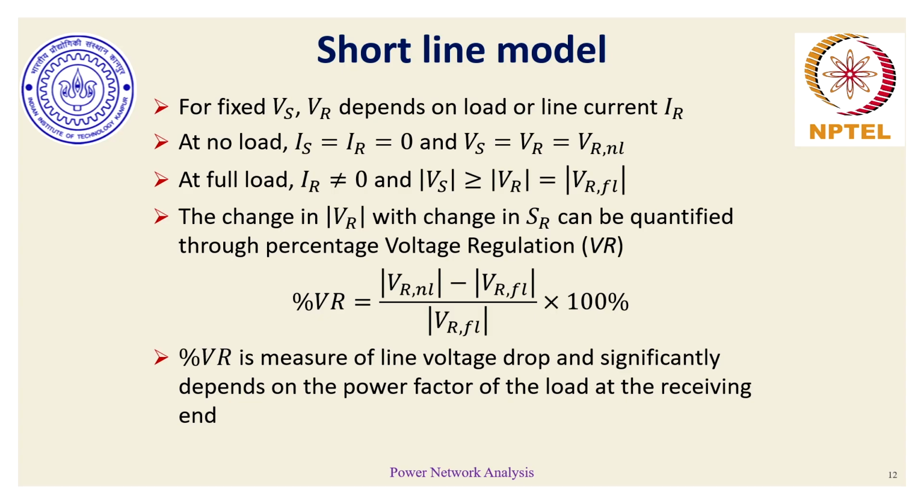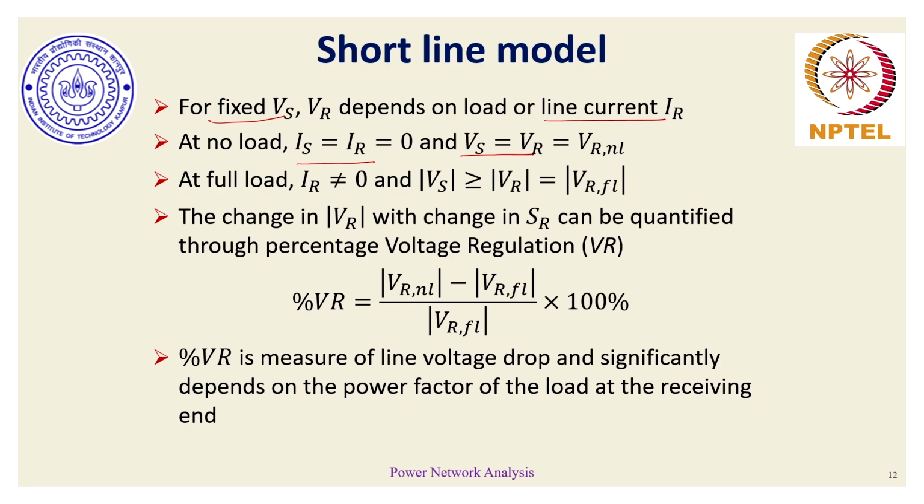Coming to the performance of the short line model under different conditions, usually the sending end voltage remains frozen. So for fixed Vs, the receiving end voltage would change depending on the load connected to the receiving end. Under no load condition, the currents are zero, so Vs is the same as Vr. We have seen that in the previous few slides also.